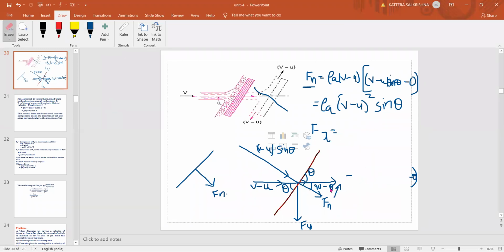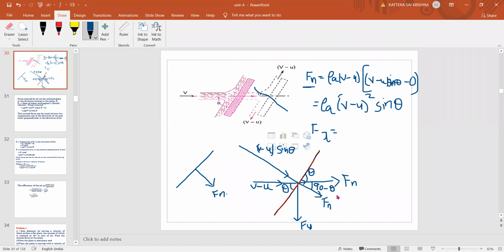Now we'll see Fy. Again, same thing you can see here. Here we had 90 minus theta, an angle I already explained how we got.